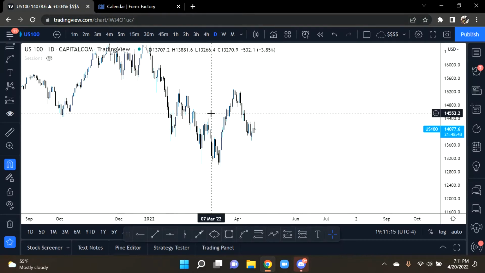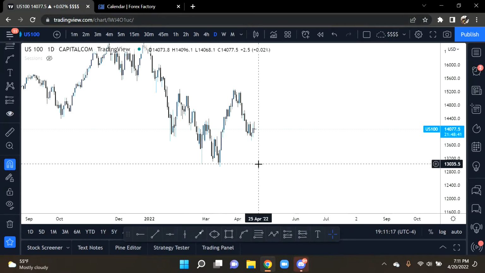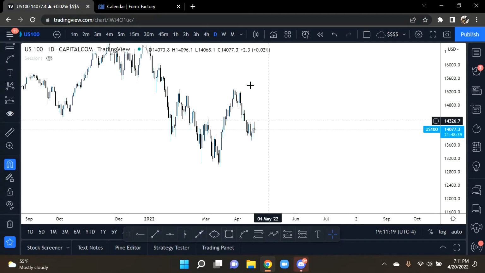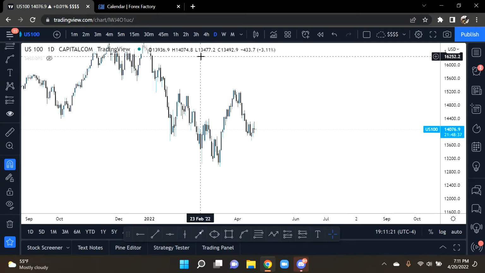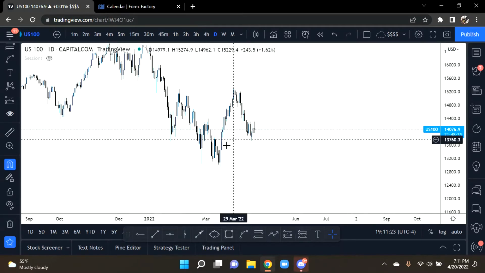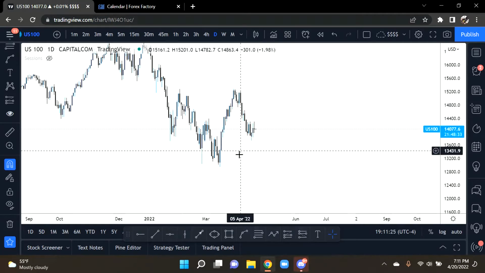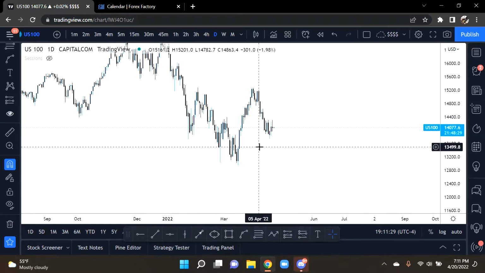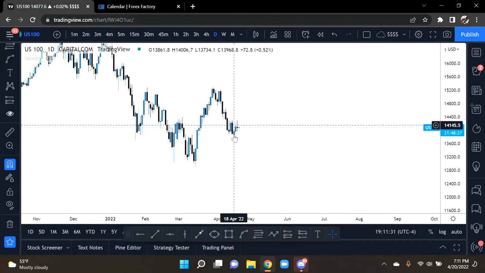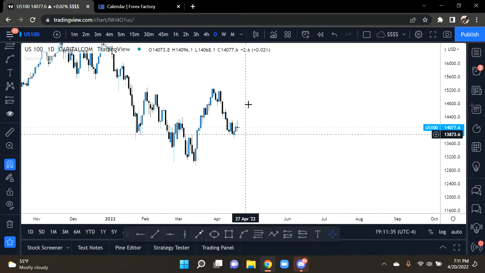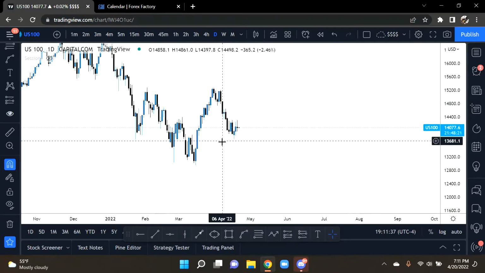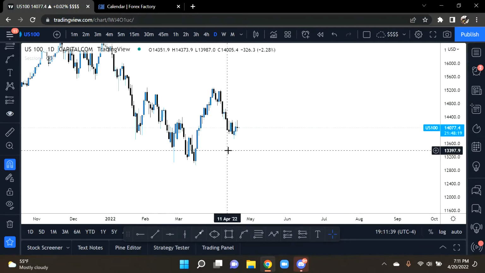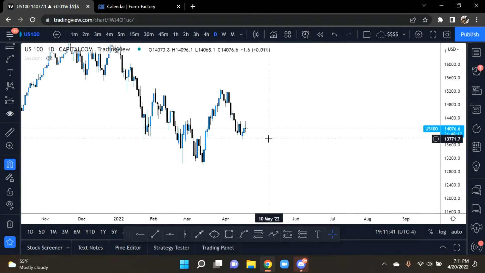So today on the NASDAQ, today is April 20th, 2022. The reason why I was looking for a buy to happen on this particular day is because of the framework I'm going to be going over with you guys, just so you can understand why I'm looking for higher pricing on NASDAQ and also on the other indices.